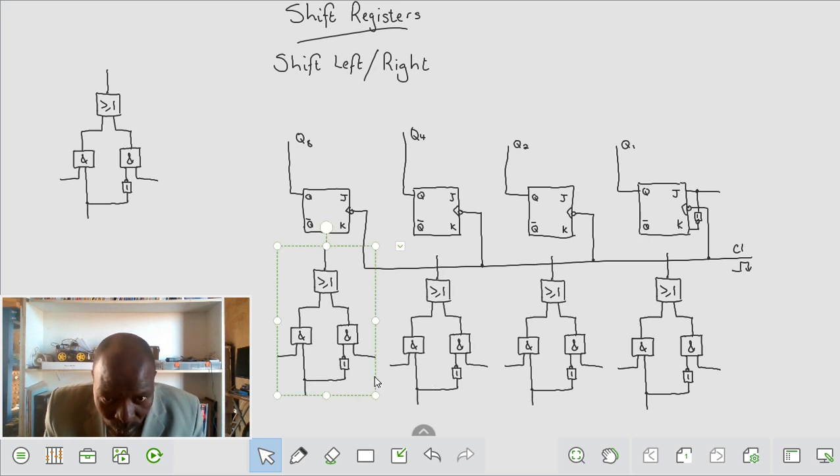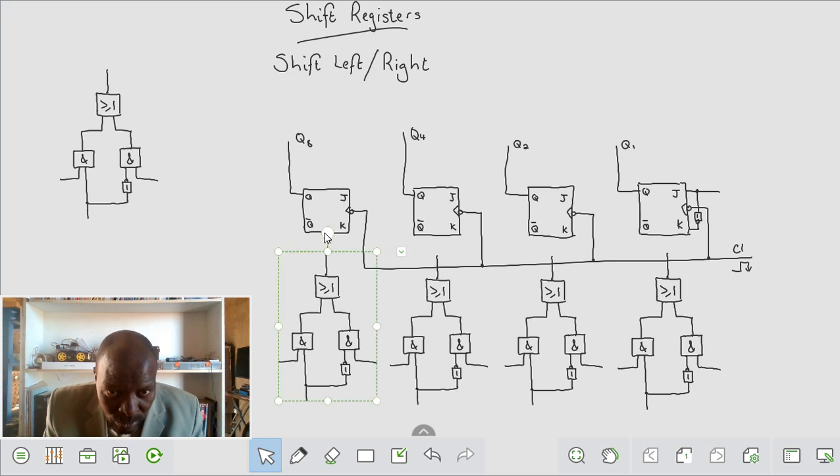So I'm going to put one for each. This one is going to be fed by either the input to the right, or Q4 going to the left. Same here: this one's going to be fed by Q8 or Q2. That one there is going to be fed by Q4 or Q1. That one there is going to be fed by input or Q2. So we need four of them.